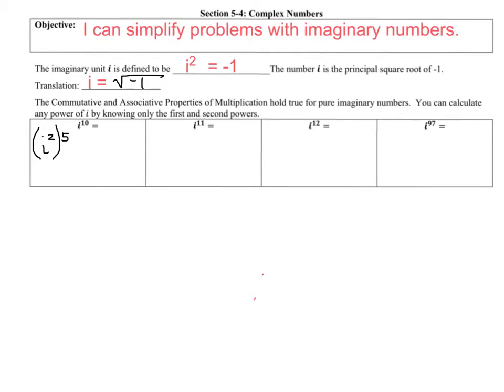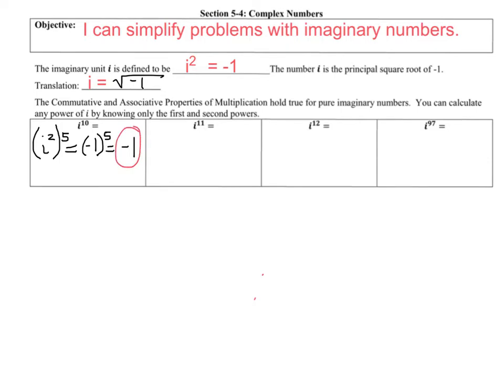So i squared, all raised to the 5th power, is equal to i to the 10th. If we rewrite this, we know that i squared is equal to -1, so I'm going to replace the i squared with -1, and now I have -1 to the 5th power, which is equal to -1.